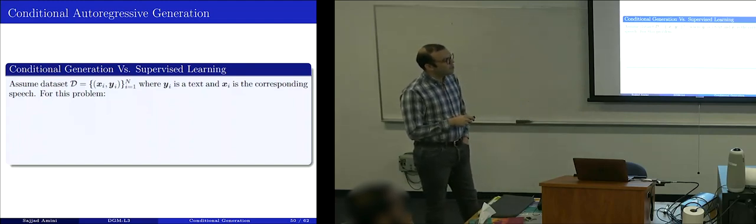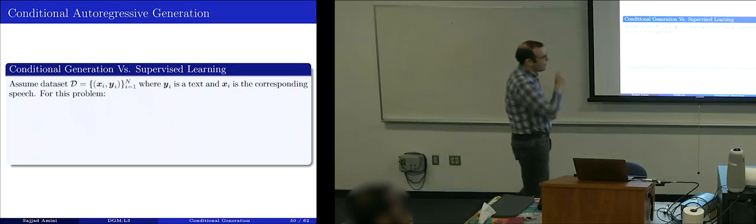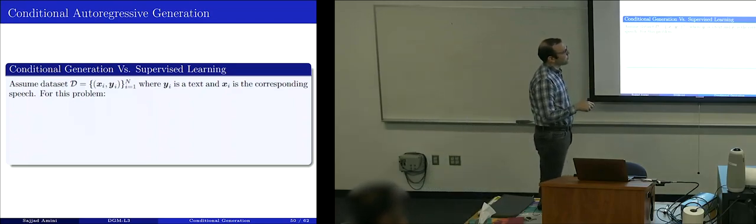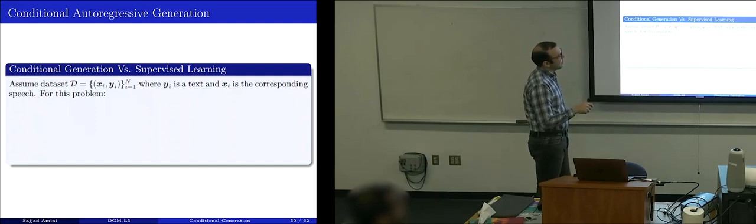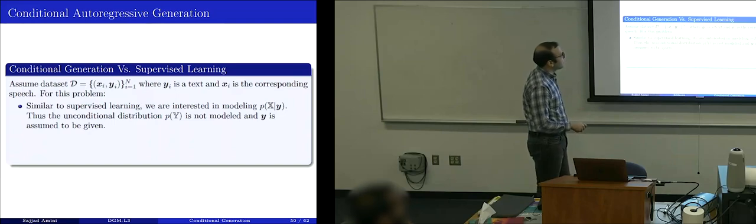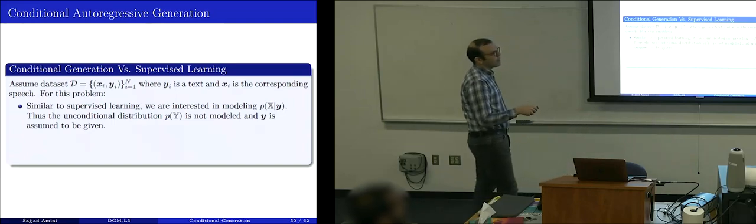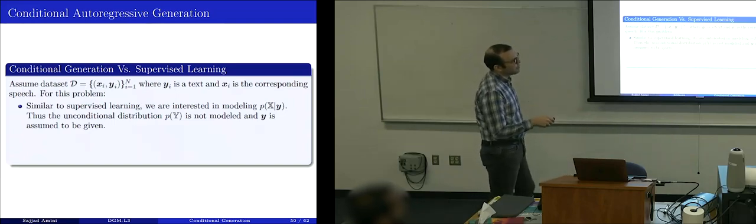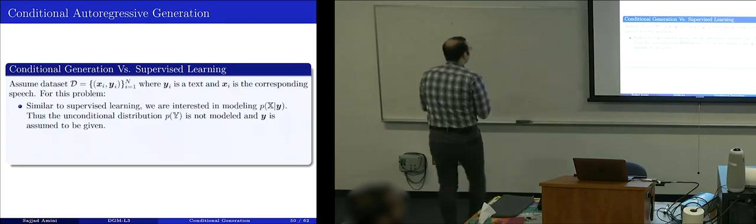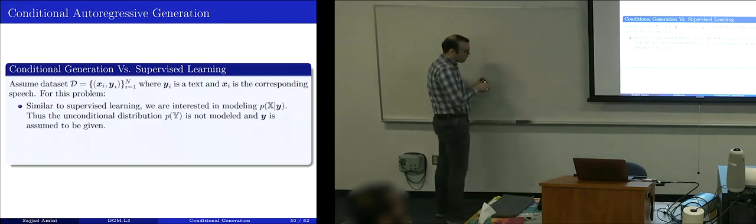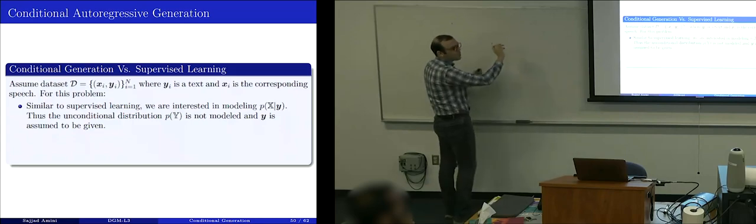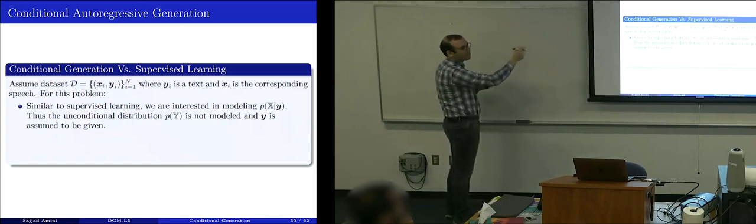Assume that I have a conditional generative model where you have x and y. So y is, for example, the text, and x is the corresponding speech. For this problem, similar to supervised learning, we are interested in modeling p of x given y. The justification for changing the role of x and y is here.